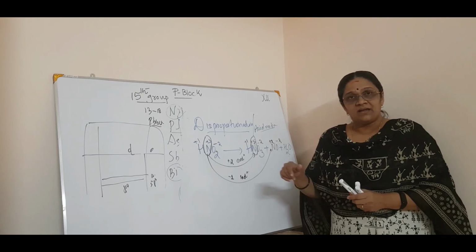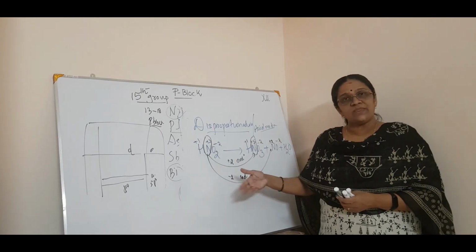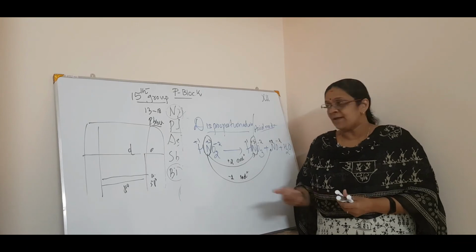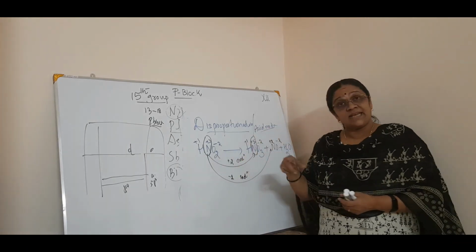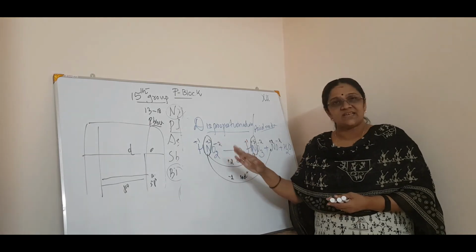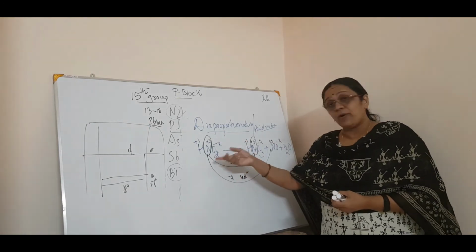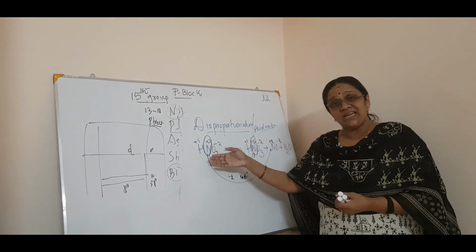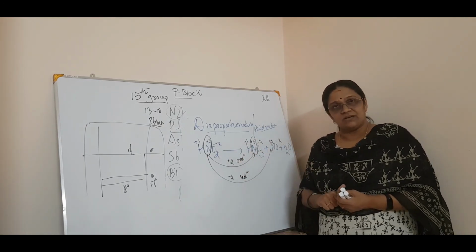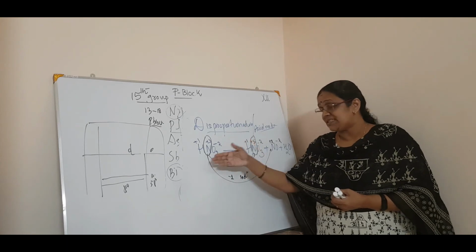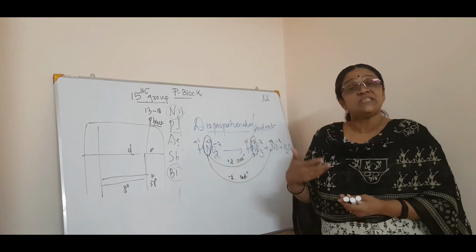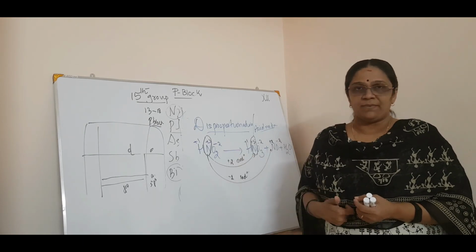Many times it will come along with other groups. Disproportionation reactions can occur in both acidic as well as basic medium. Especially nitrites and all are in acidic medium, so it will form an acid. In this equation it itself undergoes self-oxidation and reduction. So the oxides of nitrogen have the property of disproportionation in acidic medium.